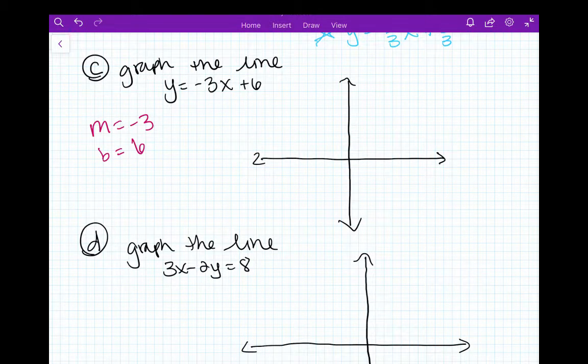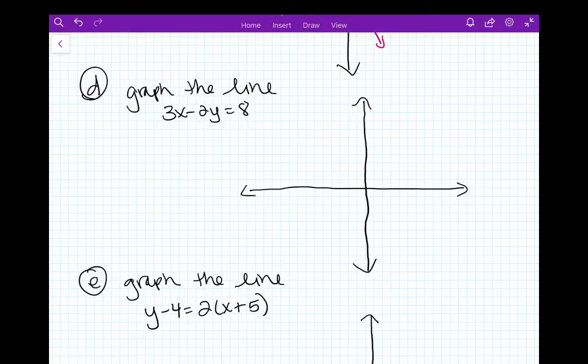So I'm going to plot the point 6 first on the y-axis, and then I'm going to move with my slope down 3 over 1. Remember, when the slope is a whole number, then the rise is that number and the run is 1. And then I'm going to connect my dots to make my line.